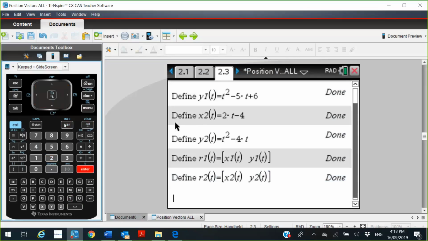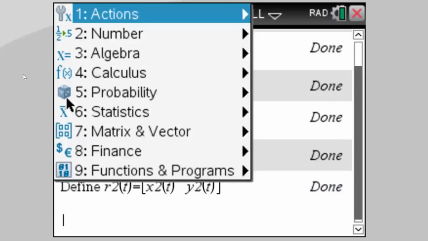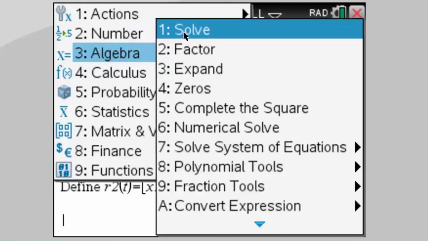Now we want to find when particle 1 or particle A is at the same position and coordinates as particle 2. But remember, they're measured on different time zones. So what we really want to do here is go menu, algebra, solve.